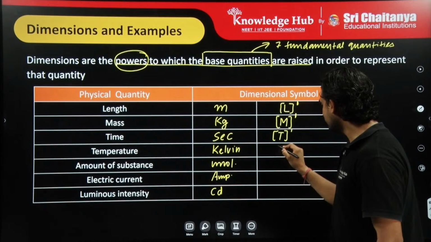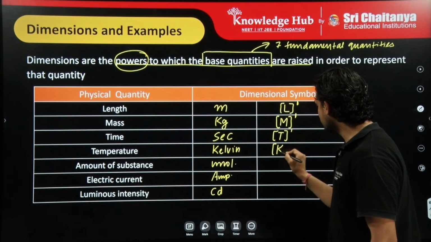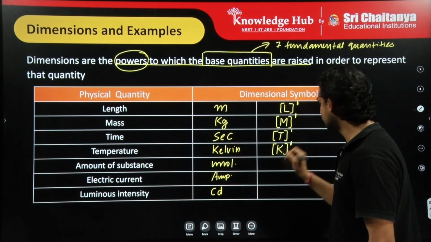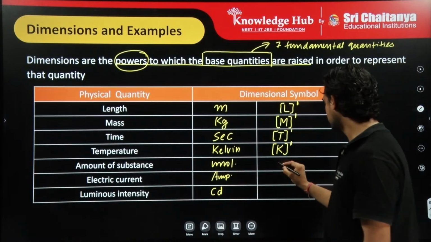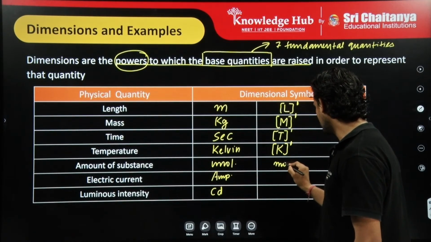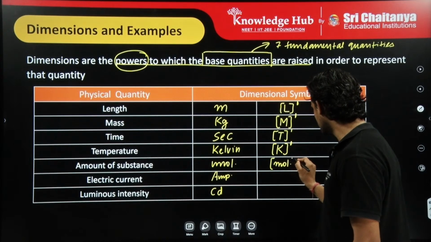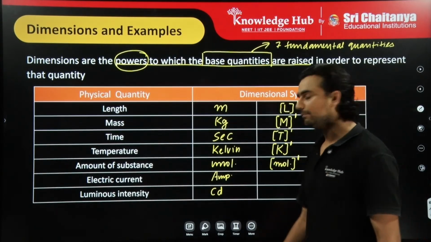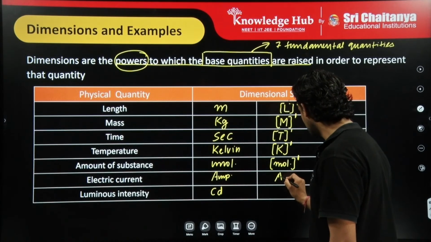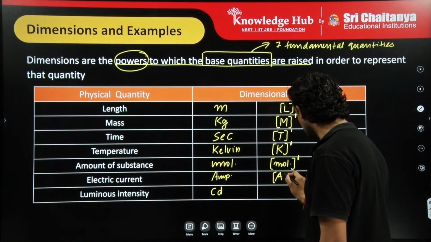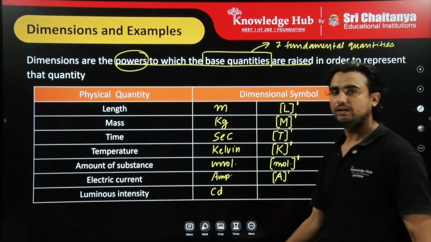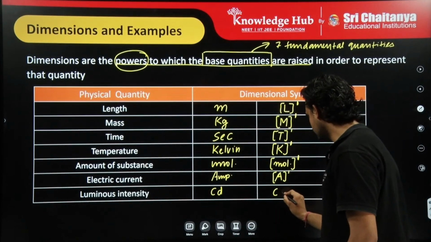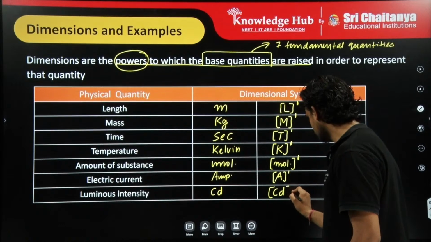Kelvin is K raised to 1. Mole, I will write mole raised to 1. Ampere is A raised to 1. And this is CD raised to 1.